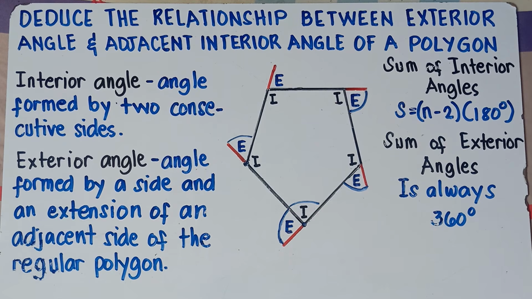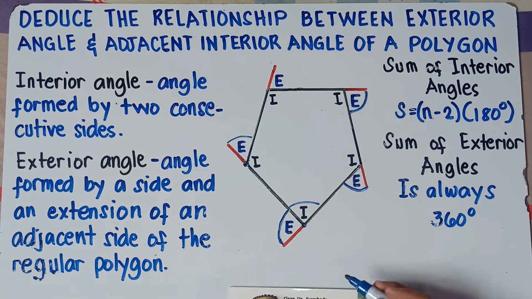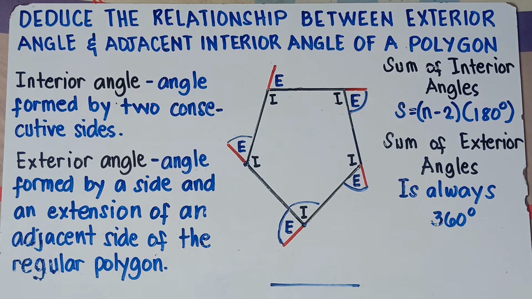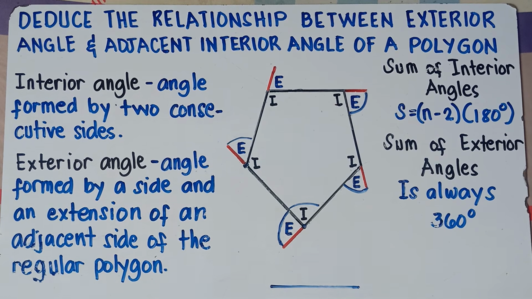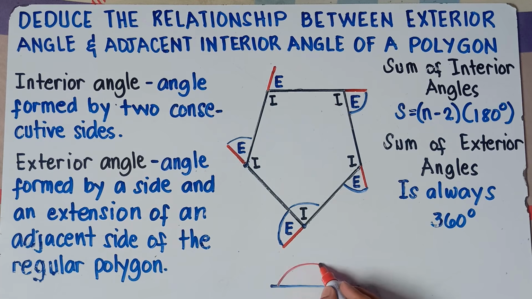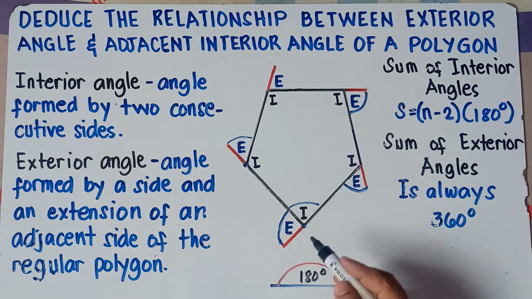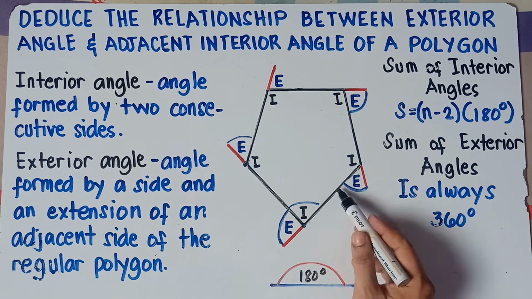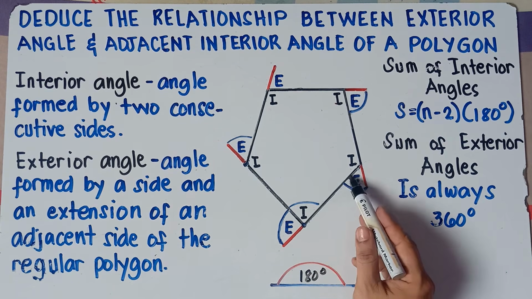Do you still remember, class, that if you have a straight line, you can form an angle, and that angle is what we call a straight angle? A straight angle is always 180 degrees. Therefore, for this angle, we have a straight line extending this third side.